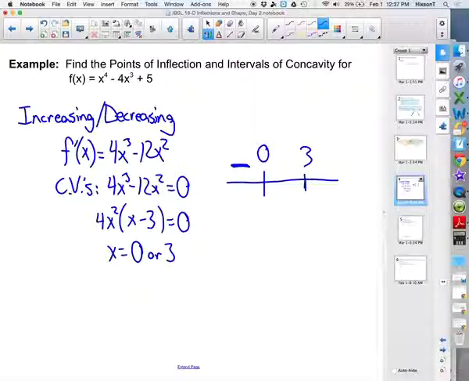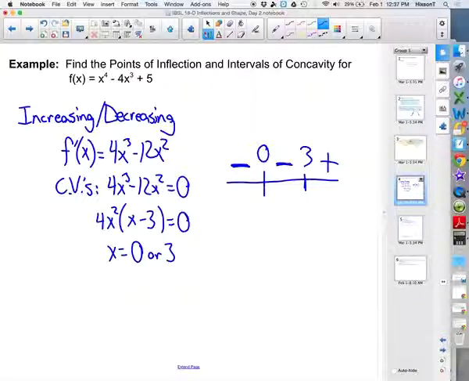If I plug in a 1, I have 4 times 1 minus 3, which is negative 2. So I know I'm negative between here as well. And then let's say I tried a 4, so I'm trying the right-hand side. That's going to be positive. 4 minus 3 is positive, so positive times a positive is positive. Okay?